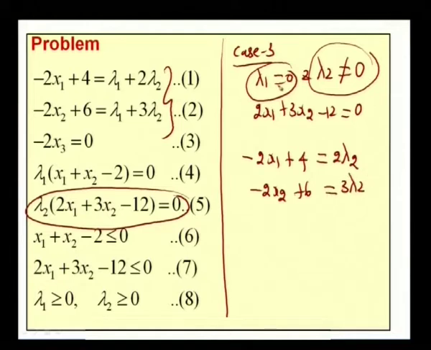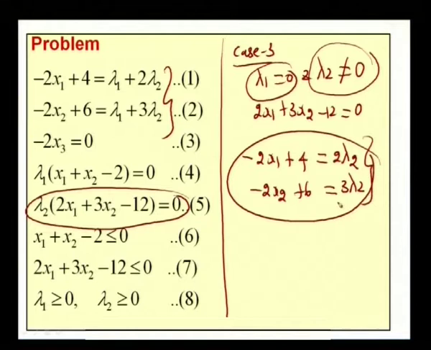So, by assuming lambda 1 equal to 0, equations 1 and 2 give us these two equations. Now, by solving these equations, we will get our x1 value, x2 value, x3 value and lambda value as follows.